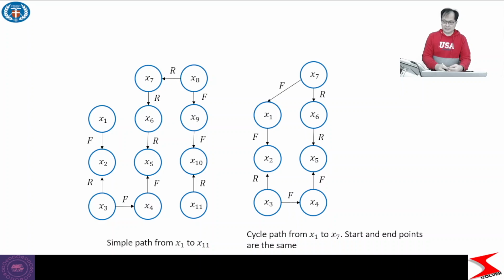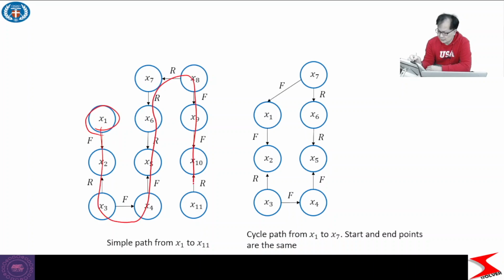So a simple path example is in the left graph here. We start from x1, then to x11, and we don't need to care about the direction of the arc. And for the cycle, it's the same. They have the same start and end points, which means a cycle. And in the cycle, we don't need to consider the direction of the arc as well.